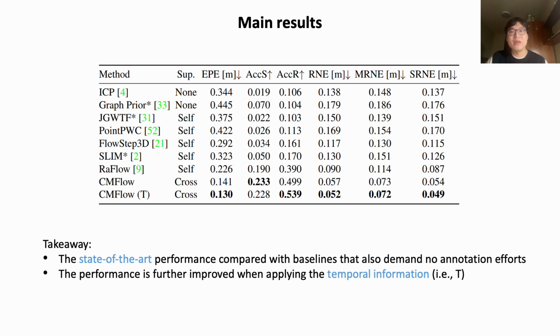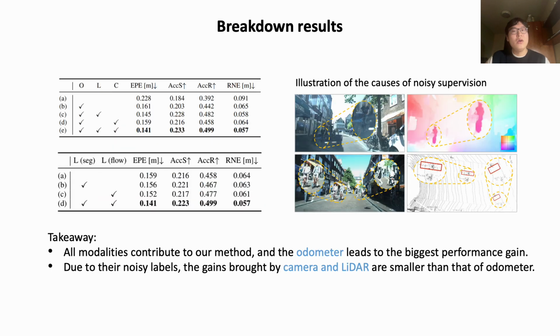In our experiments, we compared our method with 7 baselines that also demand no annotation efforts for training. It shows remarkable improvement on all metrics by leveraging cross-modal supervision signals for training. We also conduct ablation studies and show the impact of different modalities.